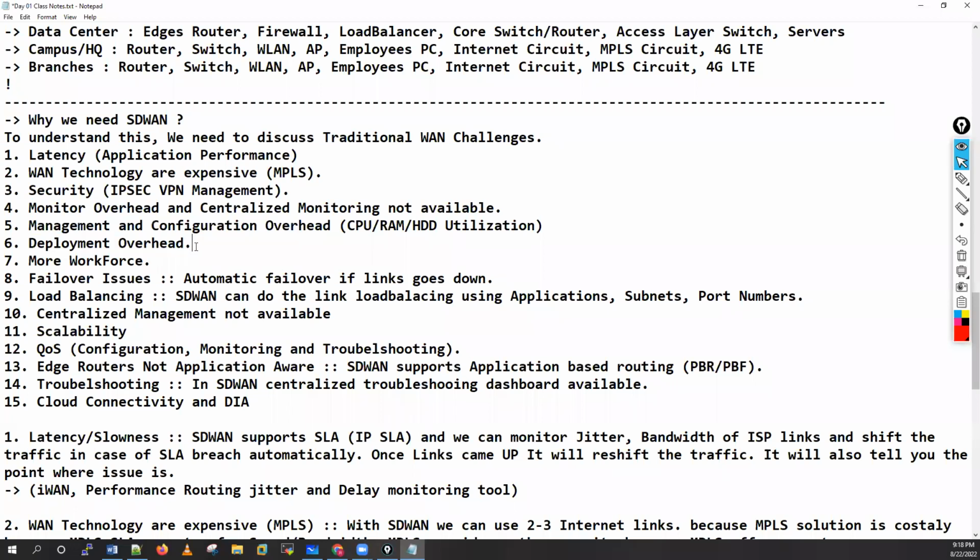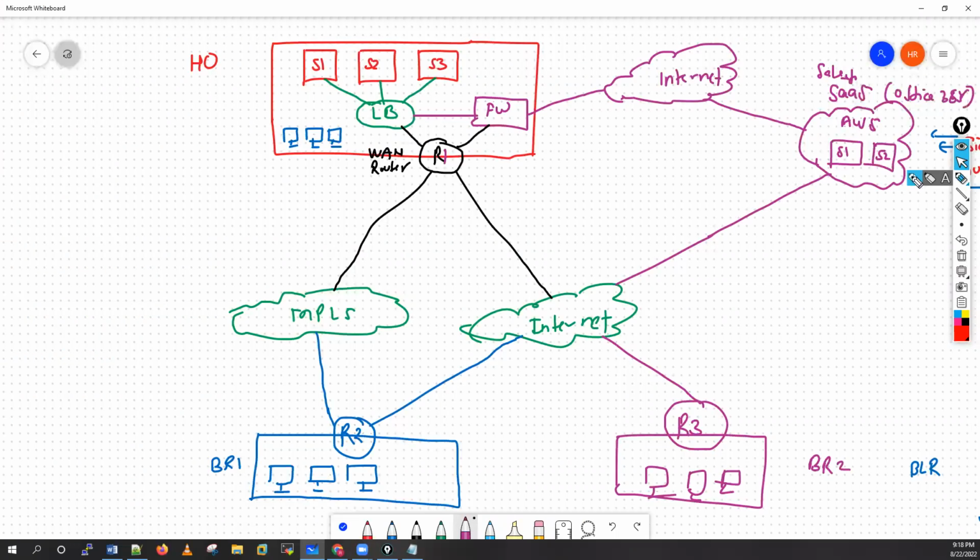Deployment overhead, guys. Now, what is this deployment overhead? Let's suppose you want to deploy 100 more branches now. And the best part of these branches, your branch office 1, branch office 2, and your next 100 branches, is that they have the same type of interfaces.